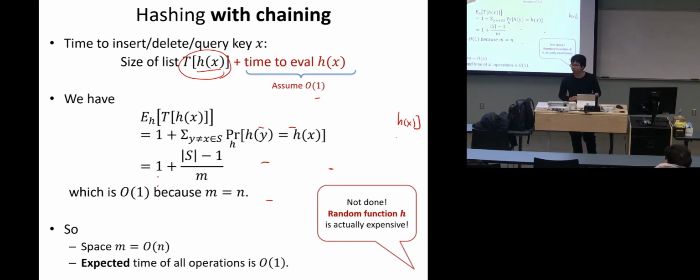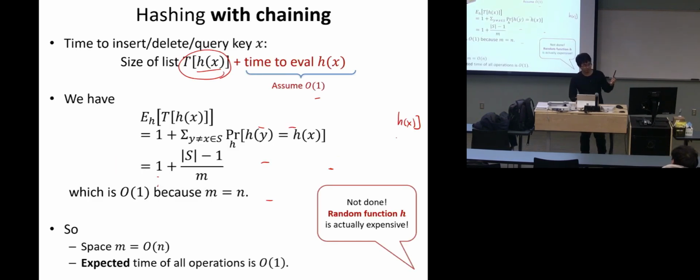So let's try to remove this assumption. First of all, why do we want to remove it? Question? Yeah, so if you don't know n beforehand, can you allocate some array and then keep doubling it? Would that still be amortized O of 1? There is a way to make it work, yeah.